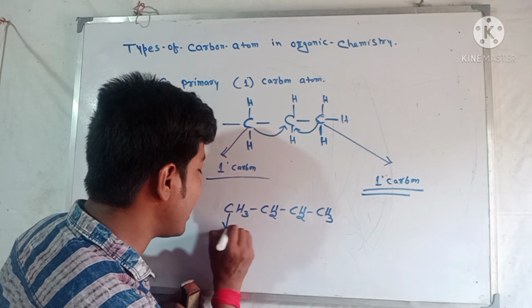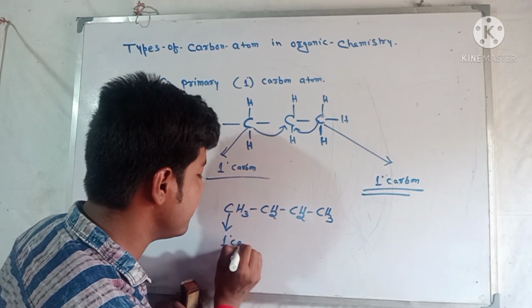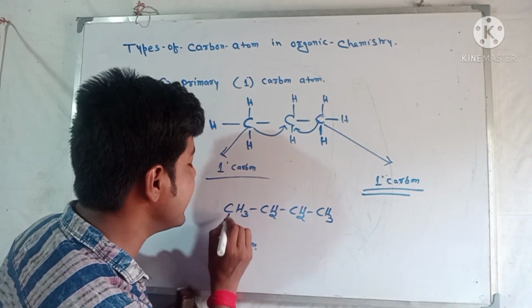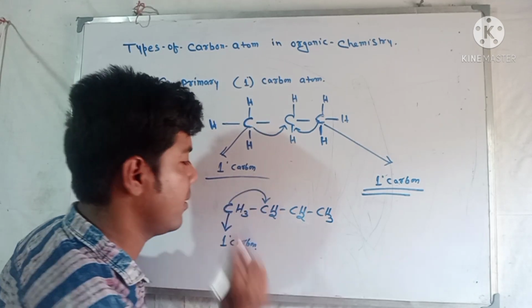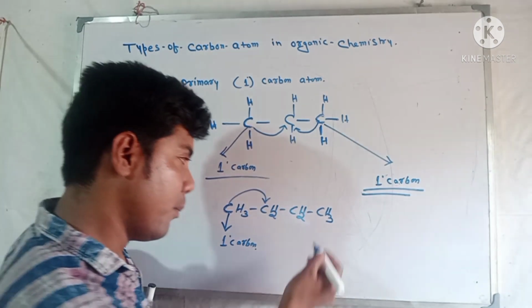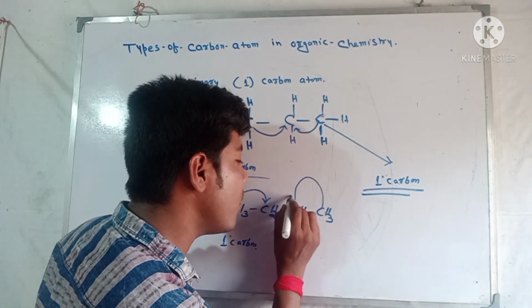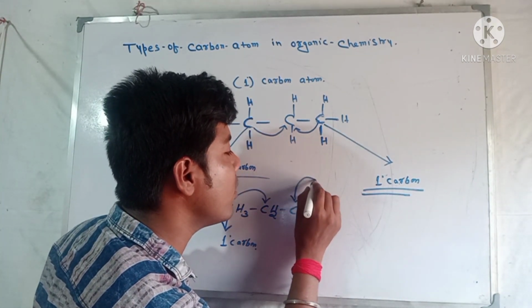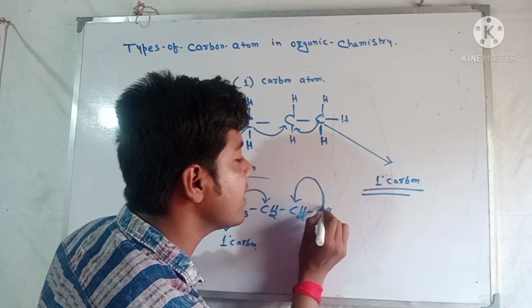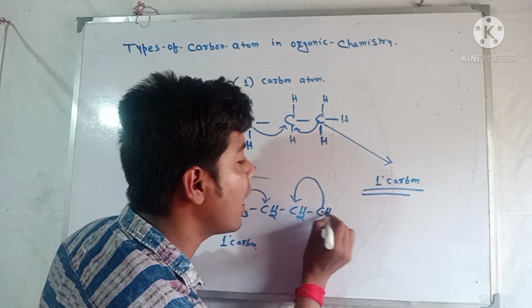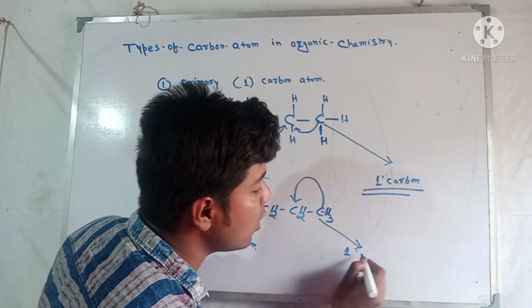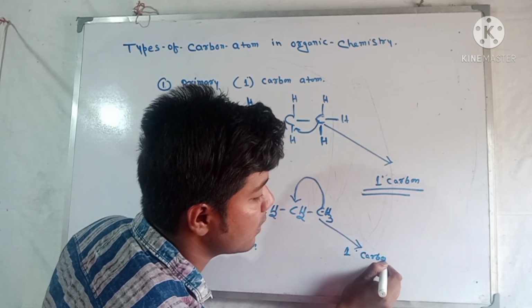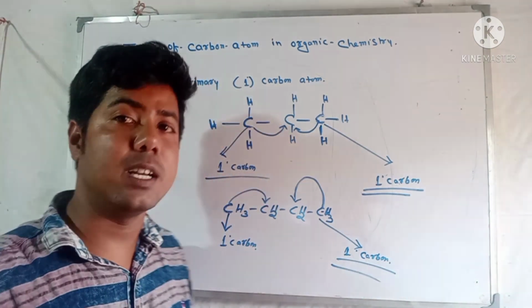This is a primary or 1 degree carbon atom, because this carbon is attached with one carbon. And from the other end, this carbon is also attached with one carbon and completes its 3 valencies with hydrogen atoms, so this is also a 1 degree carbon atom. I think you got it properly.